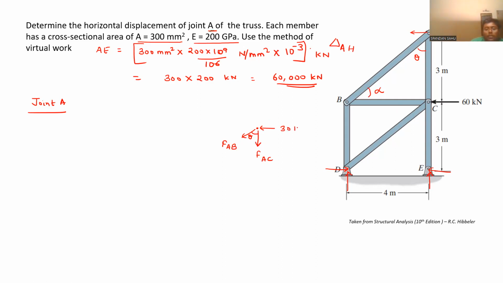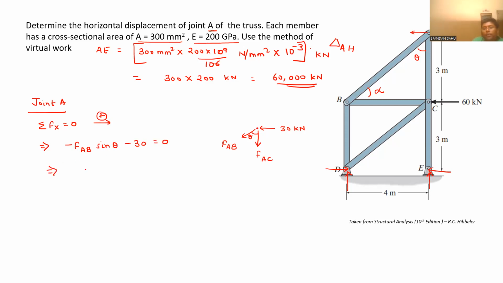When we write summation of Fx equal to 0, taking rightward as positive, we get minus FAB sine theta minus 30 equal to 0.